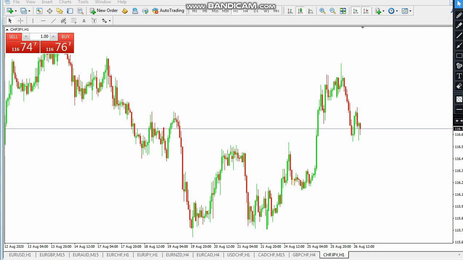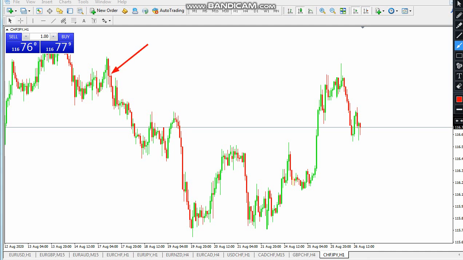So in this particular pair, we can see that the sellers started from this particular area right here. We have the sellers from there. It broke this support right here.